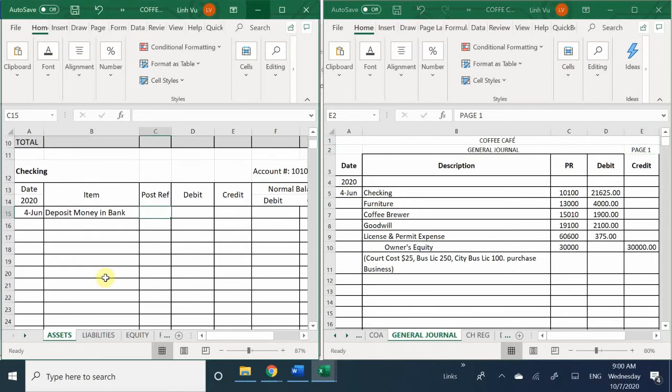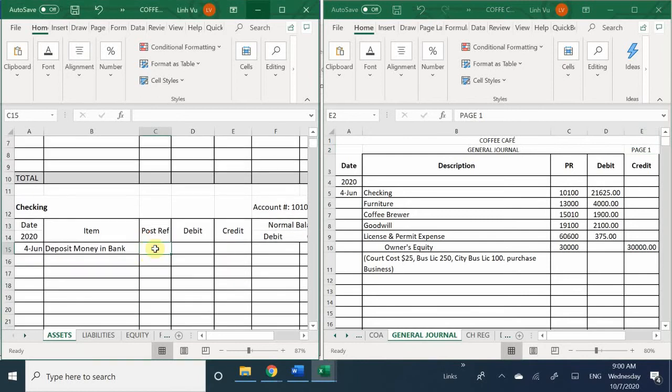Now what we like to do is use acronyms here. So I'm going to place in J for general journal 1, to indicate what page it was on. And if I find a discrepancy for any transaction, I'd be able to look it up here, saying, okay, it's on page 1 of your journal. So that's how I'd be able to locate my items.